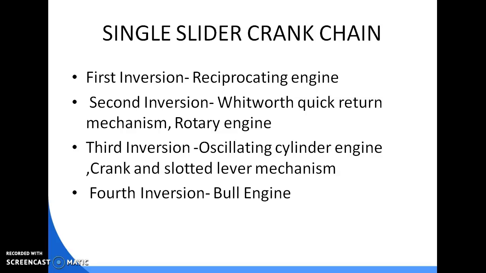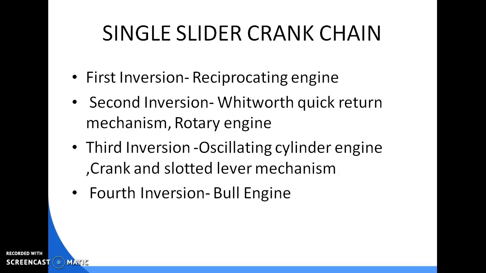First inversion is reciprocating engine. Second inversion is Whitworth quick return mechanism and rotary engine. Third inversion is oscillating cylinder engine and crank and slotted lever mechanism. And the fourth inversion is bull engine.